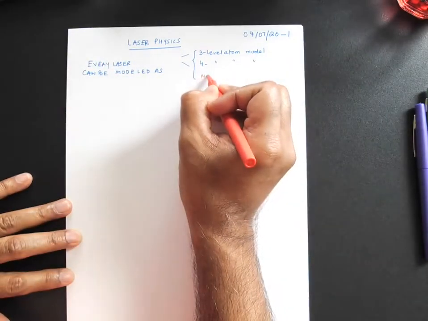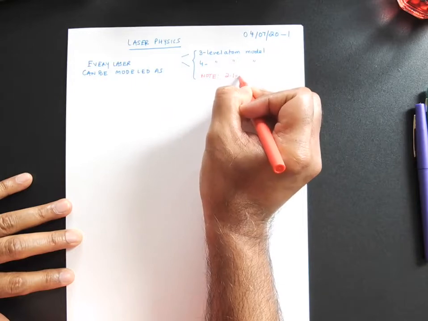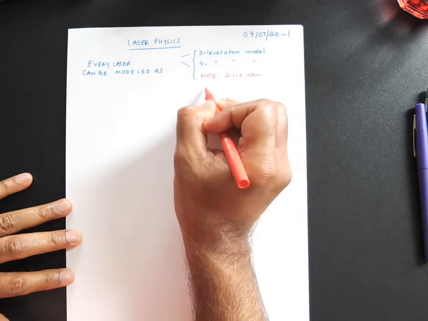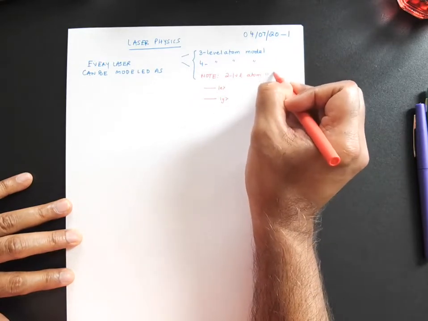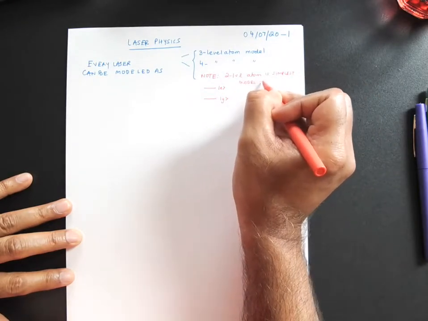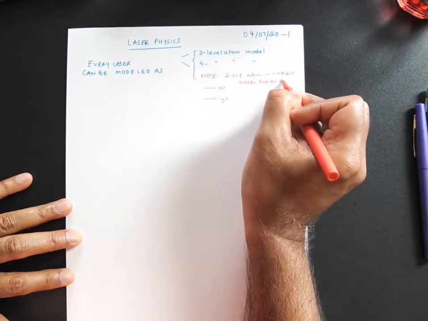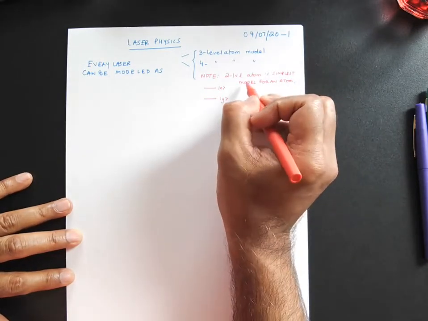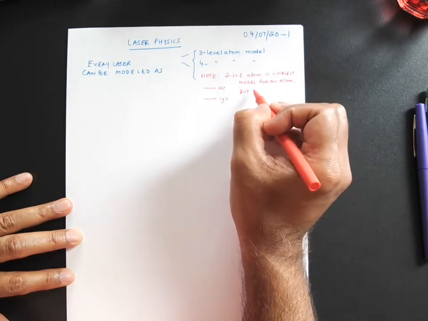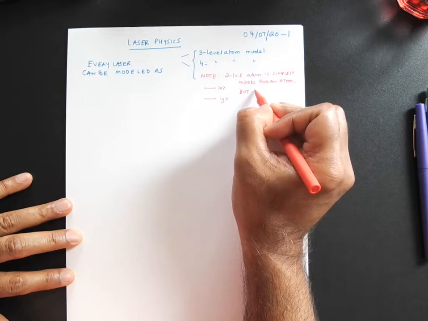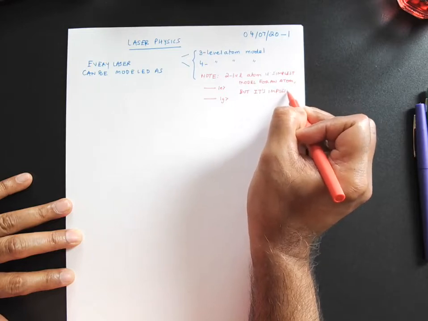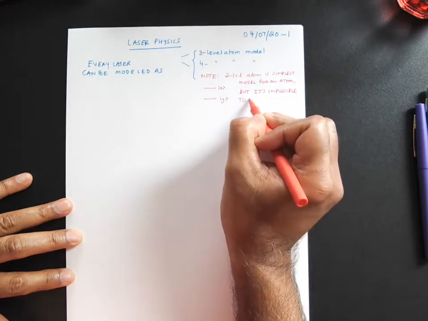Note: a two-level atom, where you have a ground state and an excited state, is the simplest model for an atom, but not for a laser. It's impossible to make a laser.